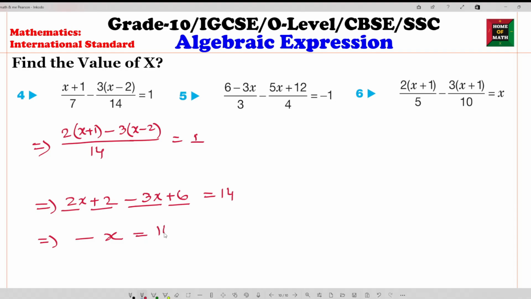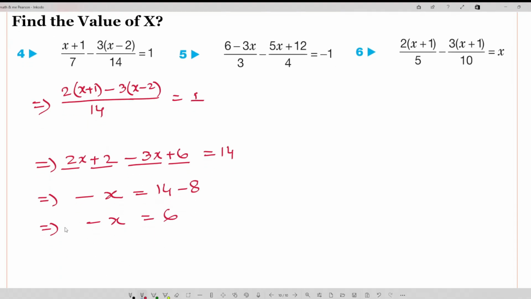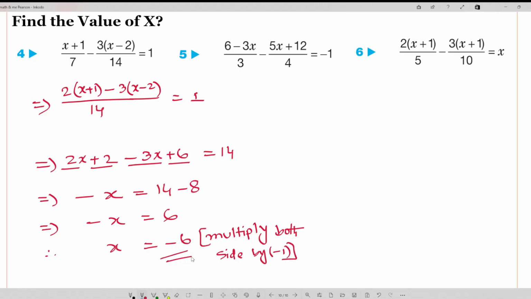So 14 minus 8 we can write. So here is minus x, and here is 6, so x equals minus 6. We multiply both sides by minus 1. So our answer is x equals minus 6.